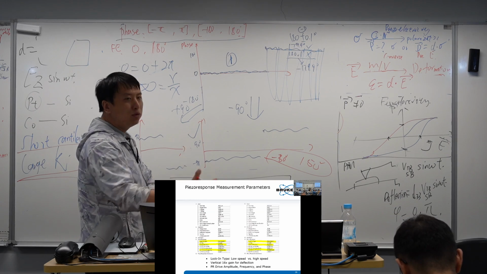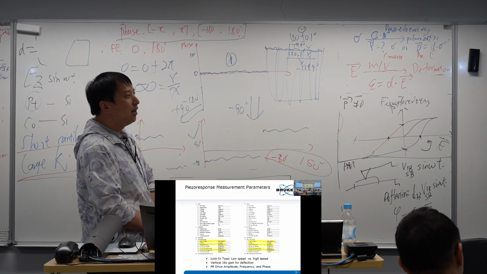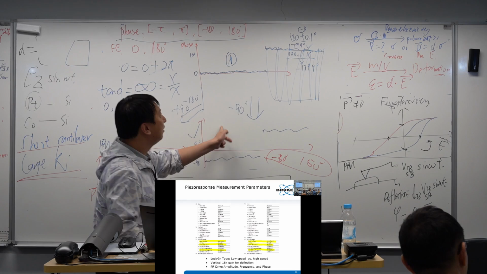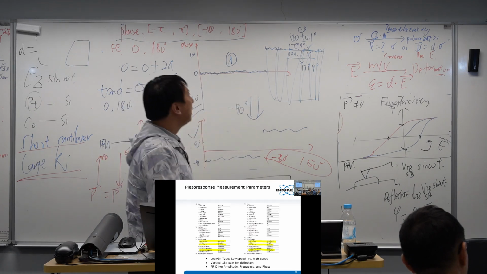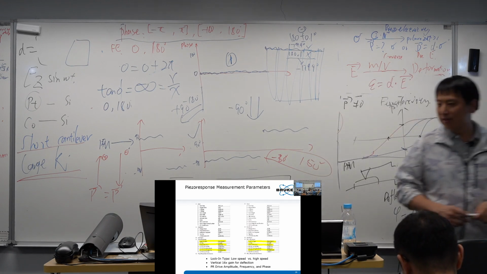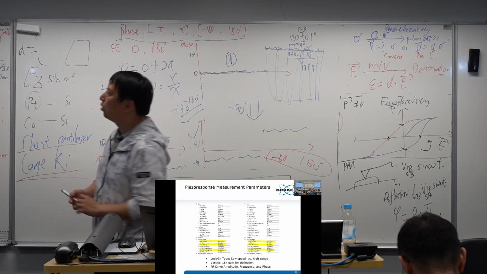And if you insist, if you want your results to be physically correct, you can get the phase signals and then get back to 0 and 180. Okay, so that's my way to understand this so-called phase.